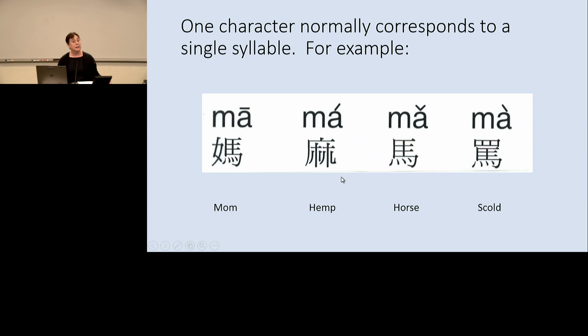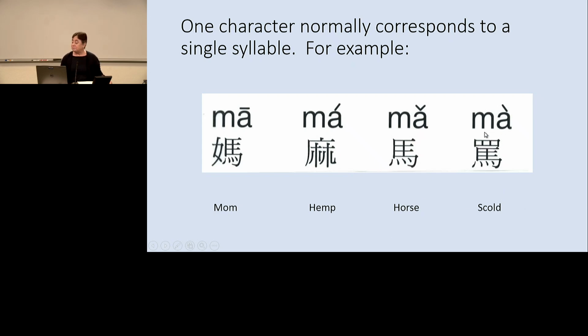So it's the character that gives you the meaning, not the sound, because there can be very, very many homophones. Chinese is a language with lots of homophones, and you really have to see the character to know what the meaning is. And then here we have mǎ, with a third tone, and here is one character that has that sound, and this is a pictograph, which means it looks a little bit like the meaning of it, and in this case it's horse. So here you see the four legs and the mane flowing out.